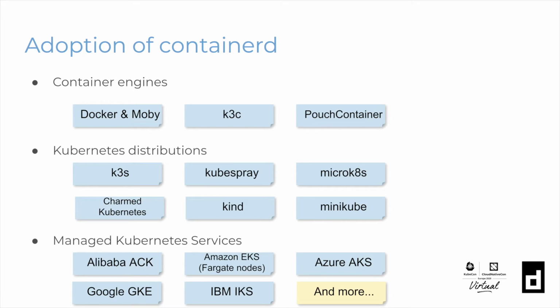The next slide shows the adoption status of containerd. Containerd is adopted by container engines such as Docker, and also by several Kubernetes distributions and managed Kubernetes service providers. Notably, containerd is adopted by all of Amazon EKS, Azure AKS, and Google GKE.